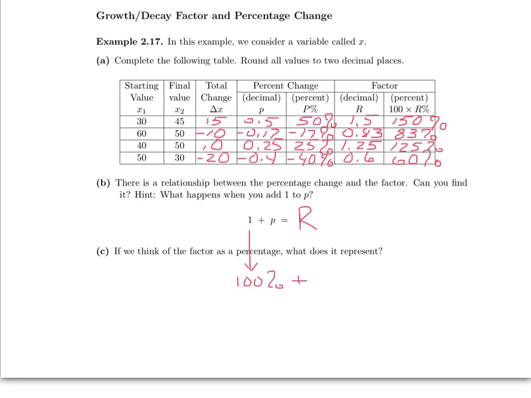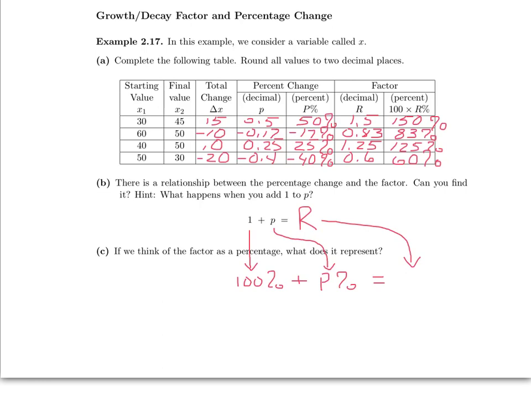I add to this the percentage representation of P. That's capital P, percent. And then we have our factor. The R is a decimal. If I want to write it as a percentage, I would move the decimal point 2 places to the right.